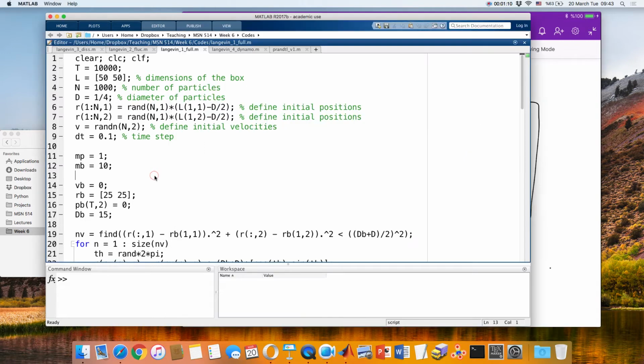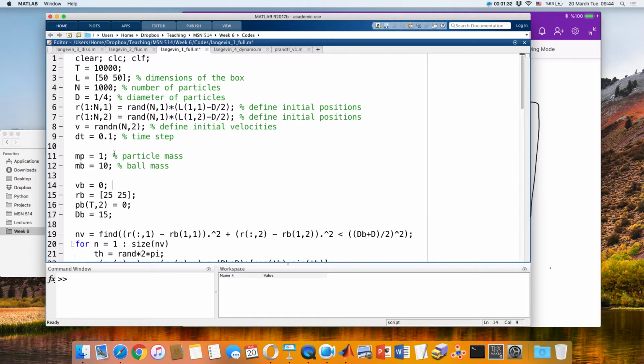And let me show you how I actually added that. So now actually the particles have masses, particle mass, okay, the tiny particles. This is the giant ball mass.